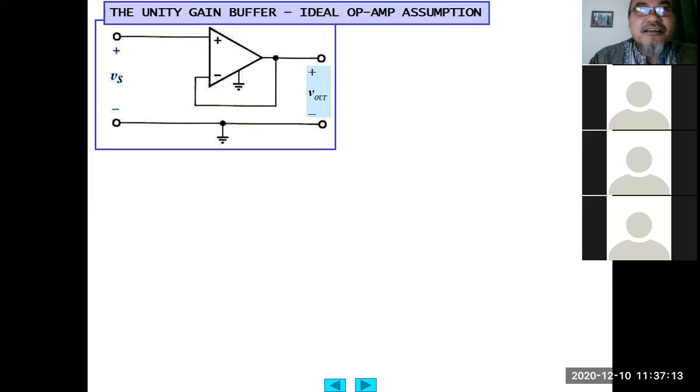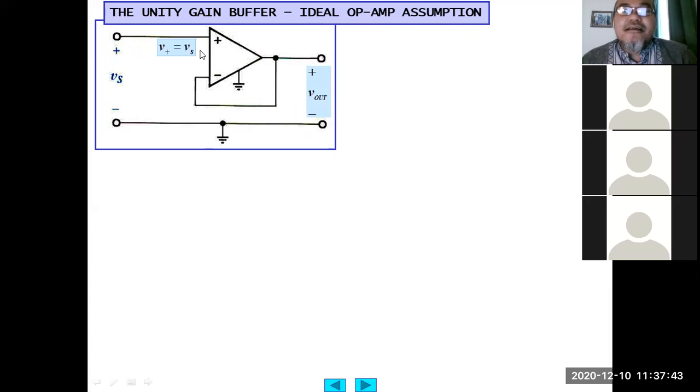We just call it non-inverting for positive and inverting for negative terminal. When the output is connected to the negative part, this is what we call a negative feedback circuit of op-amp. And when we don't put any resistor here, the gain in this circuit will be 1. So V output will be equal to Vs.